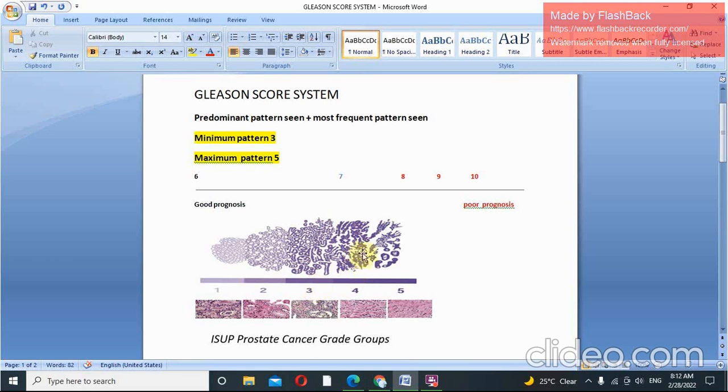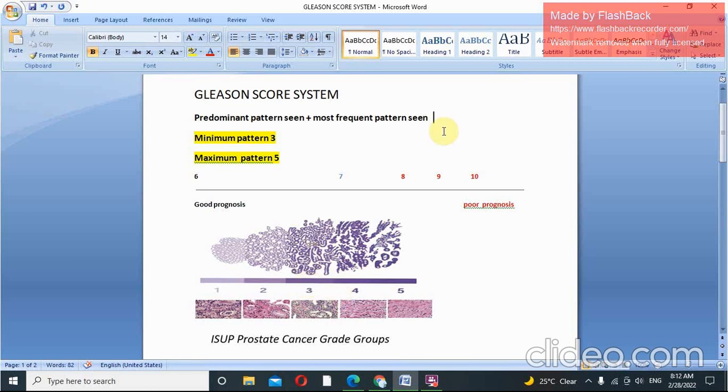And after that you look at some cells which are not well differentiated, where the nucleus cytoplasmic ratio is really high, like 1 is to 2 and 1 is to 1, then it will be calculated as Gleason pattern 4 and 5. Okay, so how can you calculate the Gleason scoring system? First we take the predominant pattern seen in the biopsy, like 75% you are able to see the third pattern of Gleason.